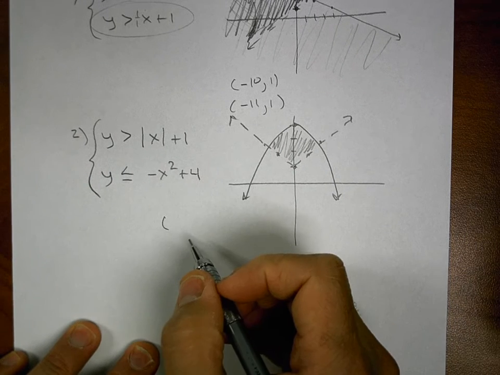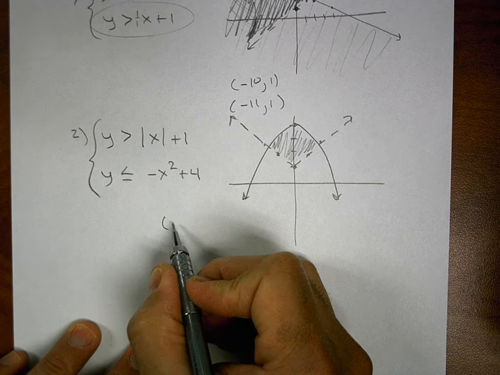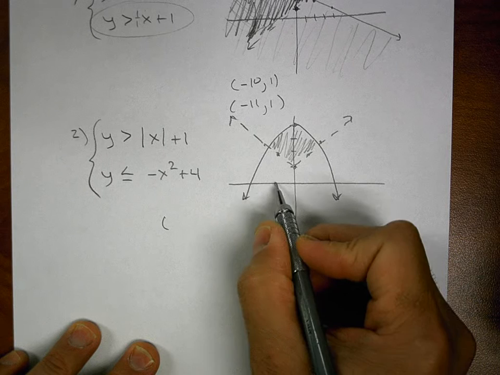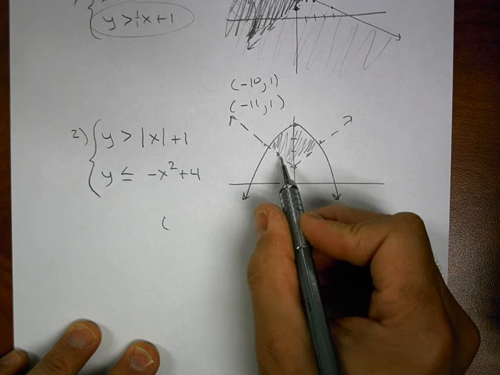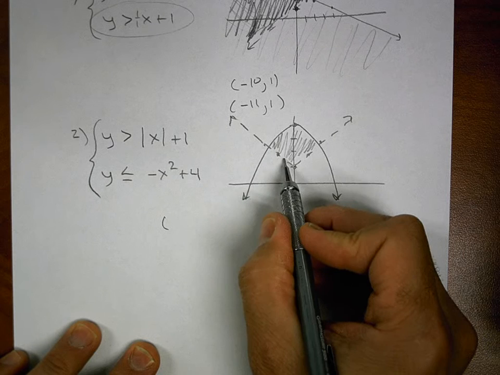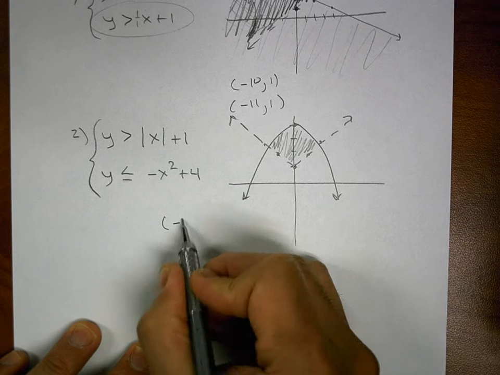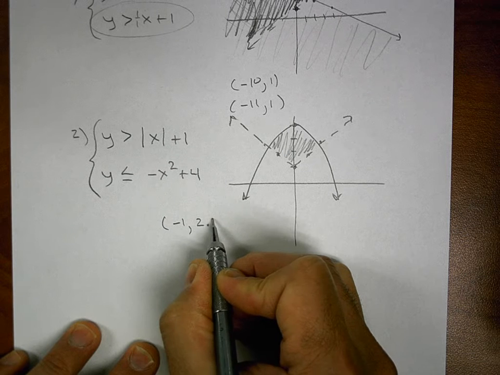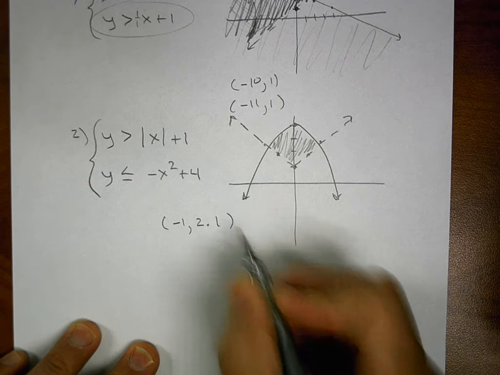So we can pick 5,000 if we wanted to. Negative 1 comma 2. If it's on the line and it's dashed, it's not a solution. So how about we go negative 1, 2.1? Do we know that's in there for sure?